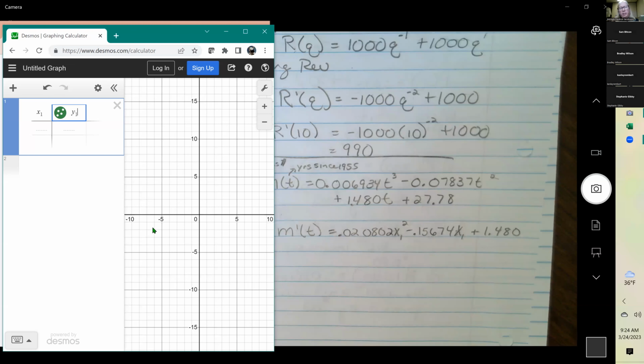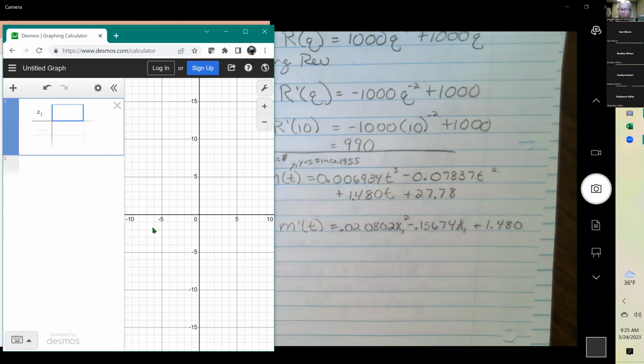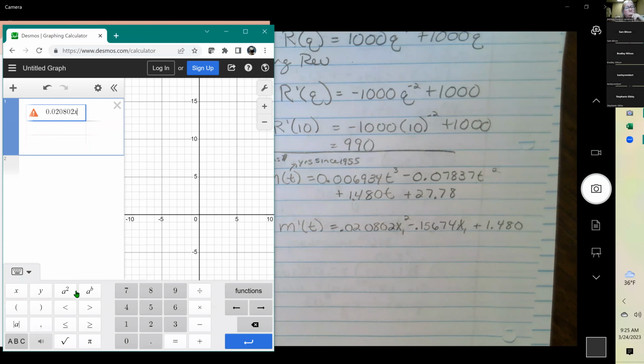I tried changing it to just an X or T. It doesn't like that. So just leave the X1 and then put your equation here. So it would be 2, now to get the squared, oh, you need X1 and then the squared.